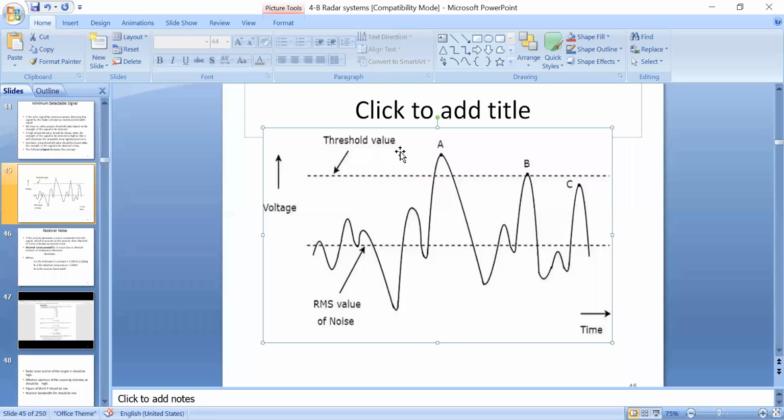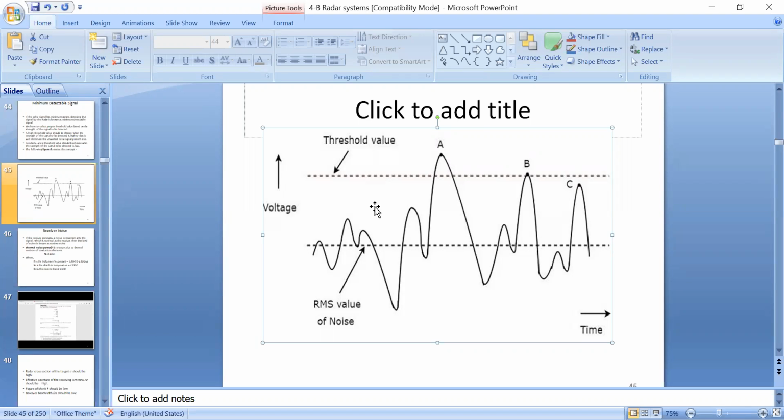If you keep the threshold at a low value, then that clutter or noisy signals also cross the threshold level, and those are also recognized as a false target, right? So that was the problem with keeping a threshold value low. So you need to consider the threshold value as a moderate, comparable value. It is not a high value, it is not a very low value.